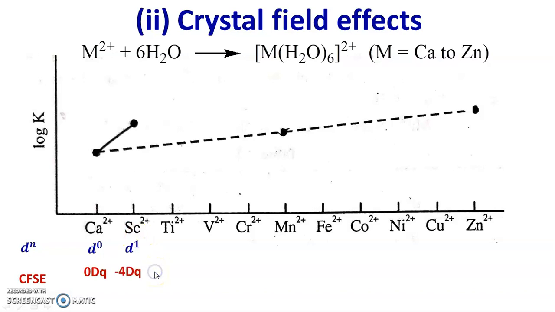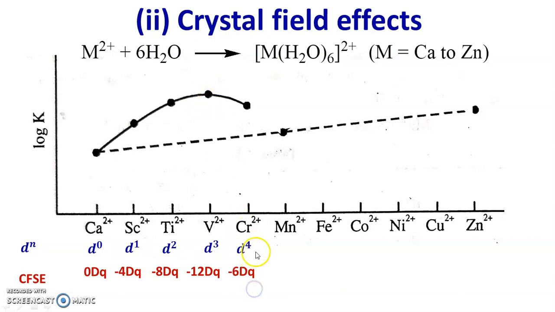Its configuration is d1 and the crystal field stabilization energy is minus 4 Dq, and its experimental log K value is greater than expected. Similarly, for titanium 2+, the configuration is d2 and the crystal field stabilization energy is minus 8 Dq. There is an increase in crystal field stabilization energy, and the log K value increases. For vanadium 2+, the configuration is d3 and the crystal field stabilization energy is minus 12 Dq, the highest one, and therefore the log K value for vanadium 2+ is highest.